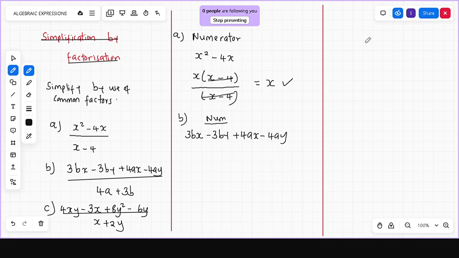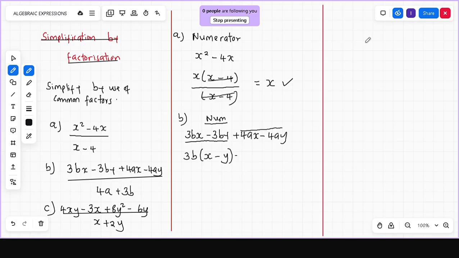We are going to pair them, the first two and the last two. Pairing the first two, the common factor in the first two is 3b. So 3b outside the bracket, you are going to be left with x, and minus 3b outside the bracket, you are going to be left with y. That is the first bracket with a 3b outside the bracket.